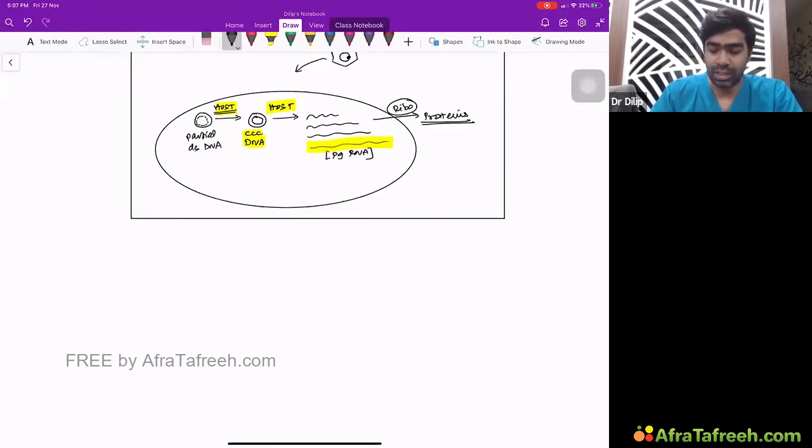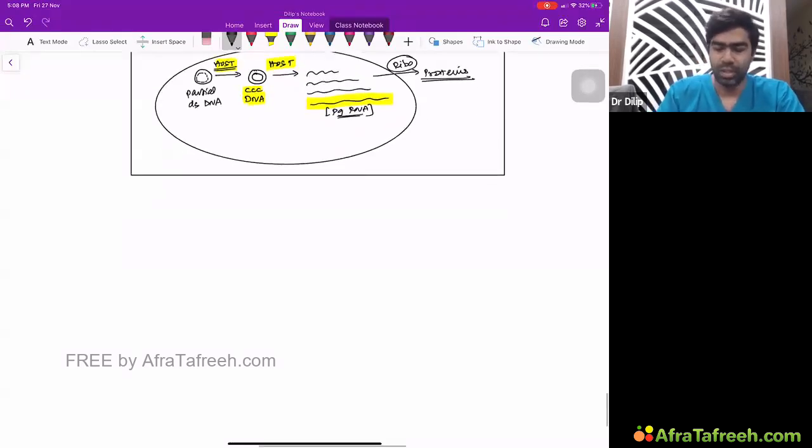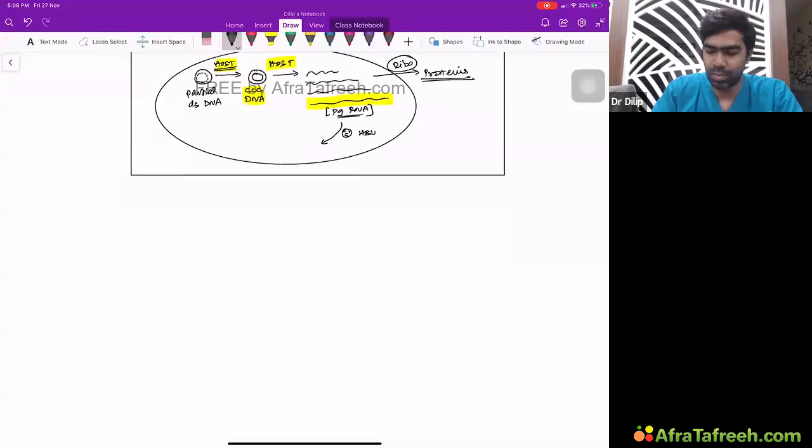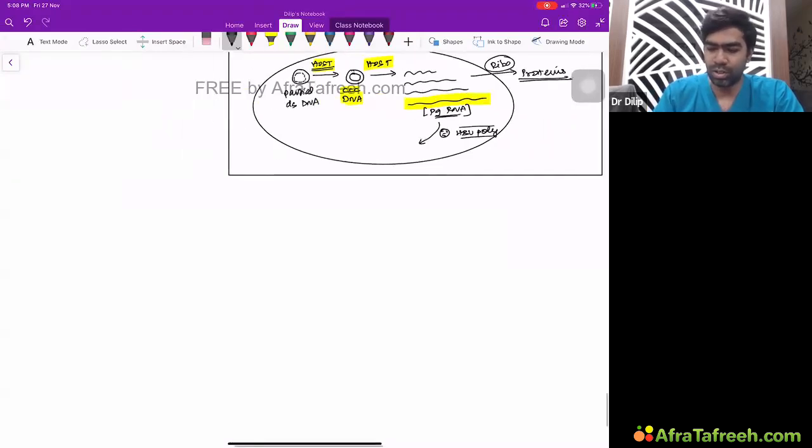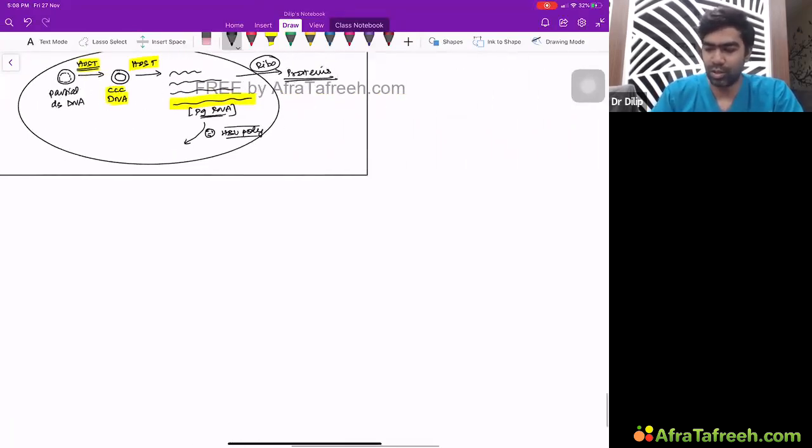Fine. But this largest mRNA, which is also referred to as pgmRNA, will be acted upon by the HBV polymerase. Now you have that special enzyme that is also coming along with the virus, the HBV polymerase. And this HBV polymerase will now be producing from this mRNA. So you know very well what is the function of HBV polymerase.